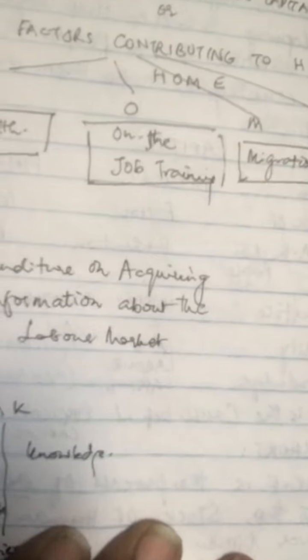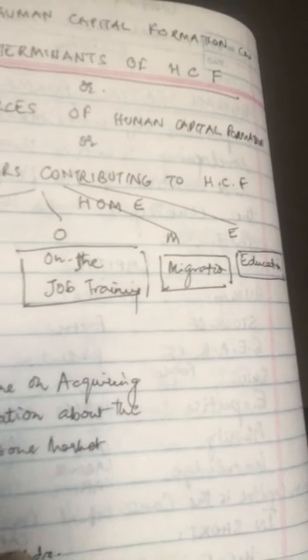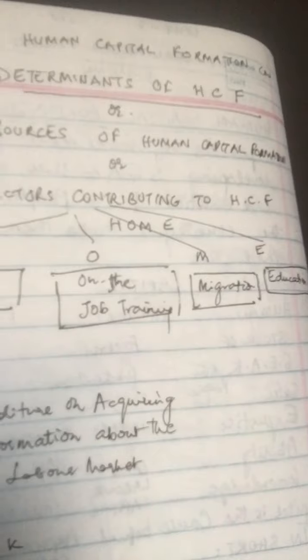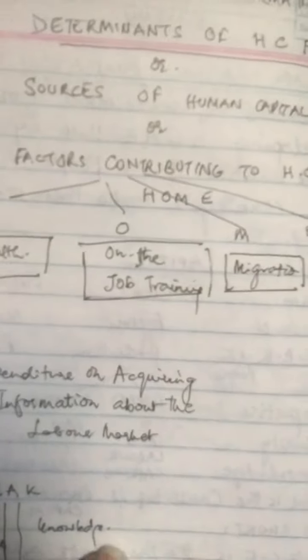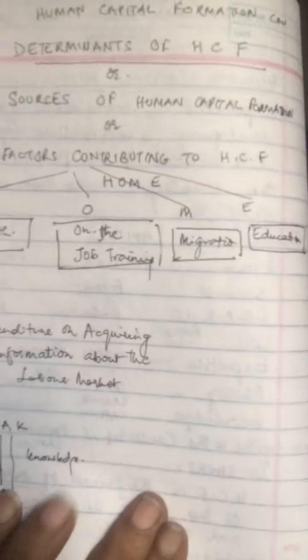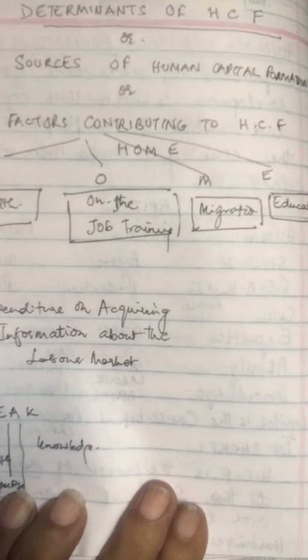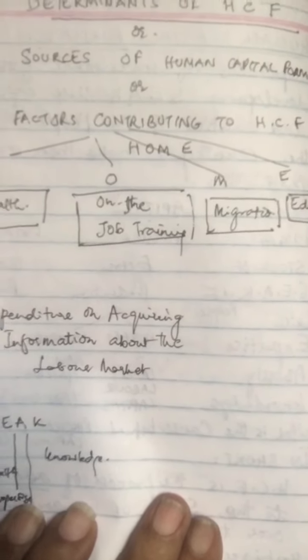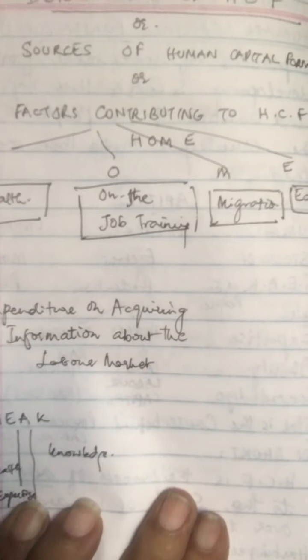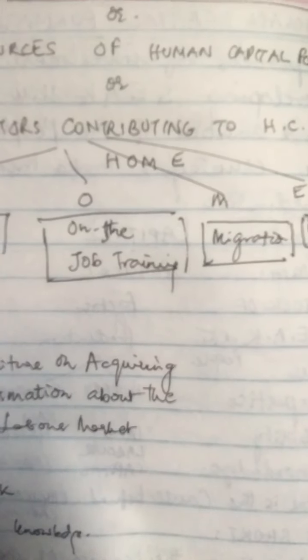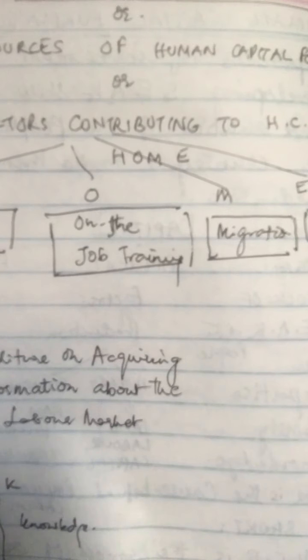And then here we just talked about expenditure on acquiring information about the labor market. So information is very important. For example, if you're well equipped with everything, but you don't know where to go and how to go about things, you're not well informed, then you will not get the best return. So for this, people want to know about the wages and salaries in different types of jobs.